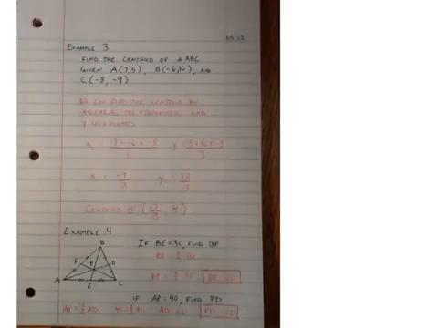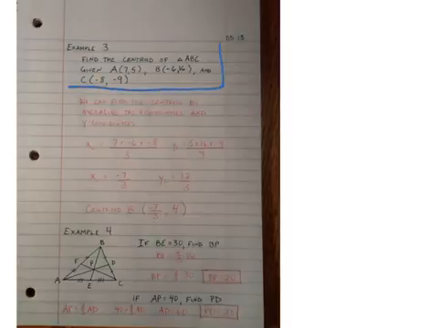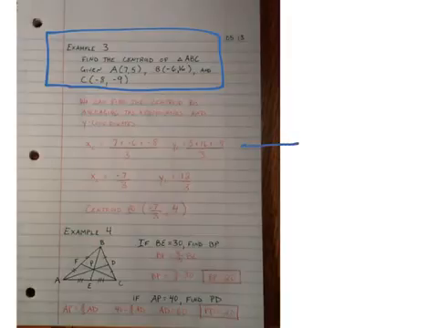Finally, example 3 has to do with the centroid. And one possible question that you will receive on a skill test and in the post-test on the unit is to find the centroid when given 3 points. We are given 3 points here. Please find the centroid. Because the centroid is the center of mass, it makes sense that it's located at the average of the coordinates.